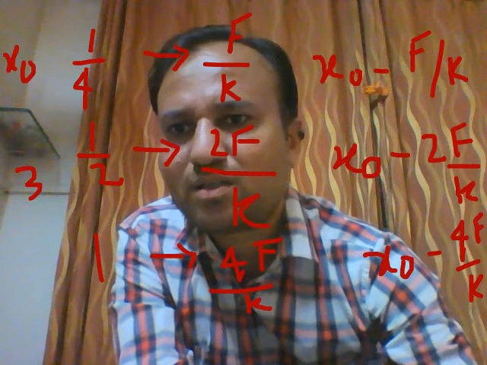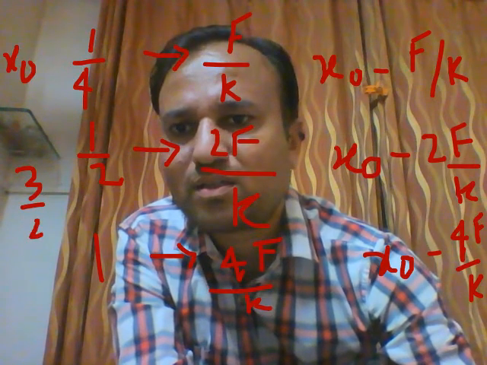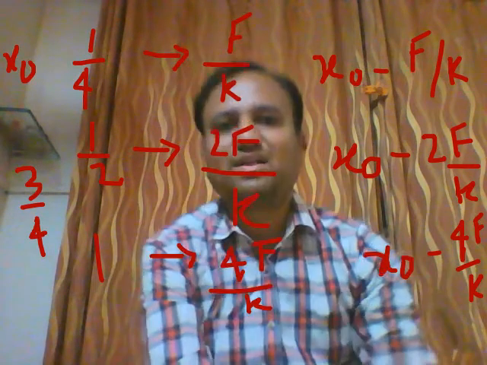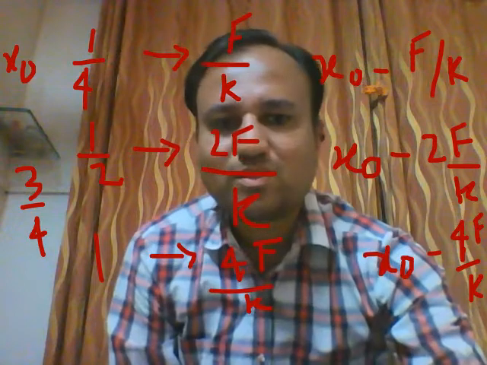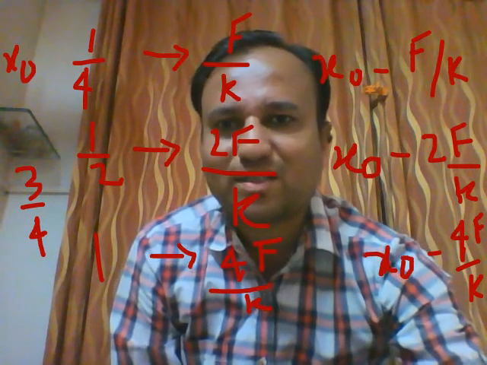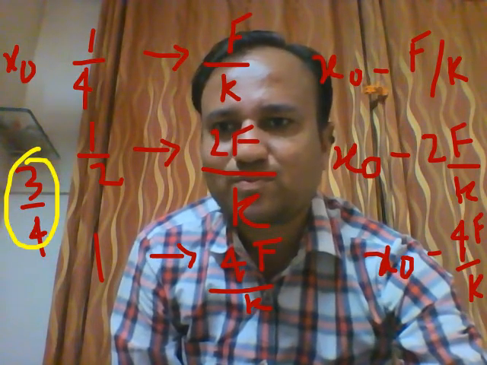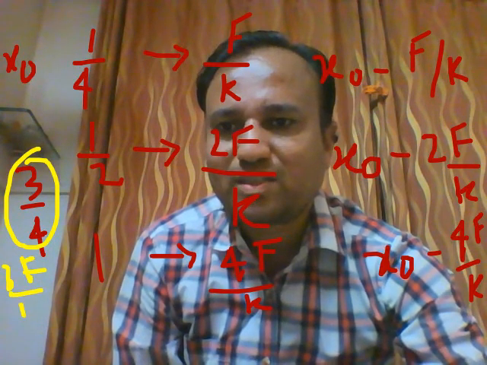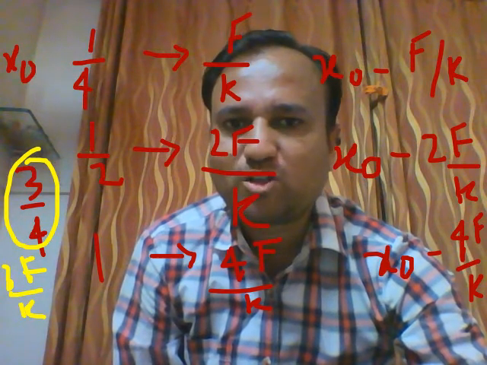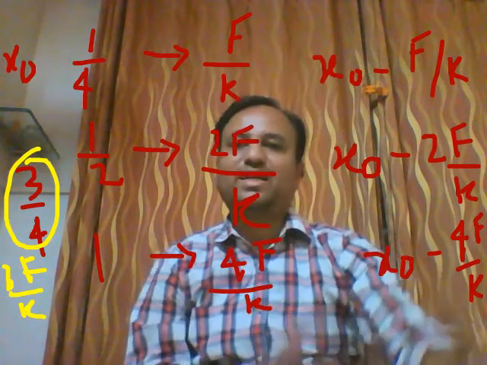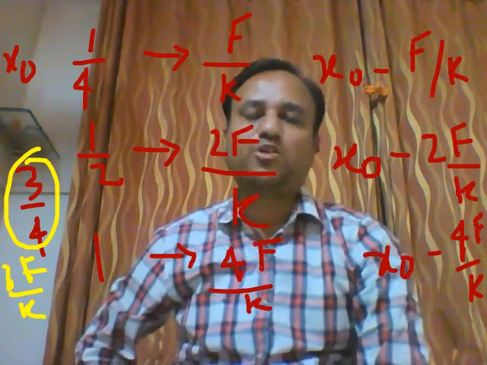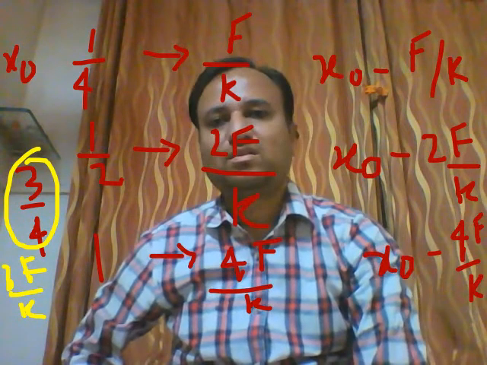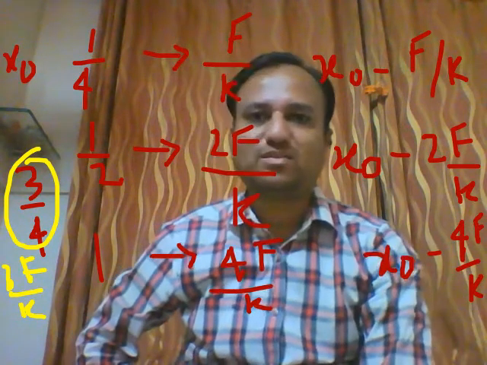So for 3/4 cycle, student, 3f by k. So x0 minus 3f by k will be the amplitude after 3/4 cycle.